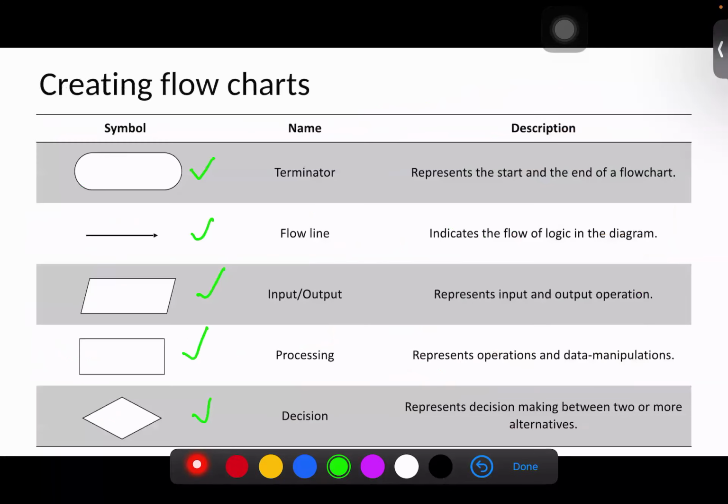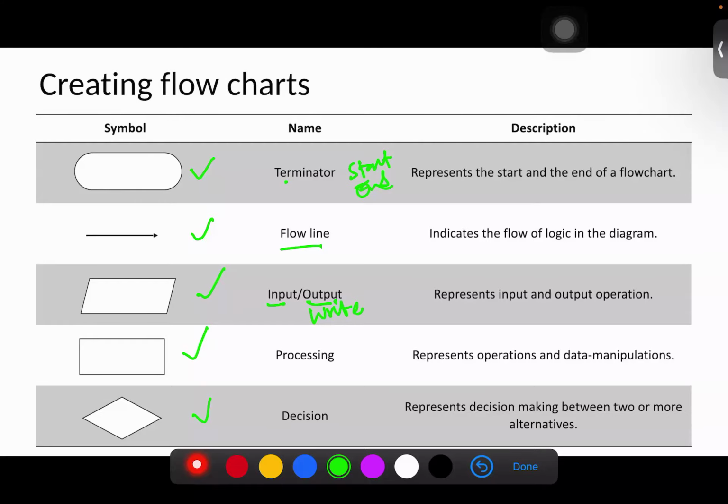Okay, so I did say that in flowchart, we simply use the correct shapes to represent the particular thing. For example, if we see start or end, you use this shape. If you want to indicate where the flow of control is, you use the line with the arrow. If you want to do input or output, for example write or input, you use the parallelogram.